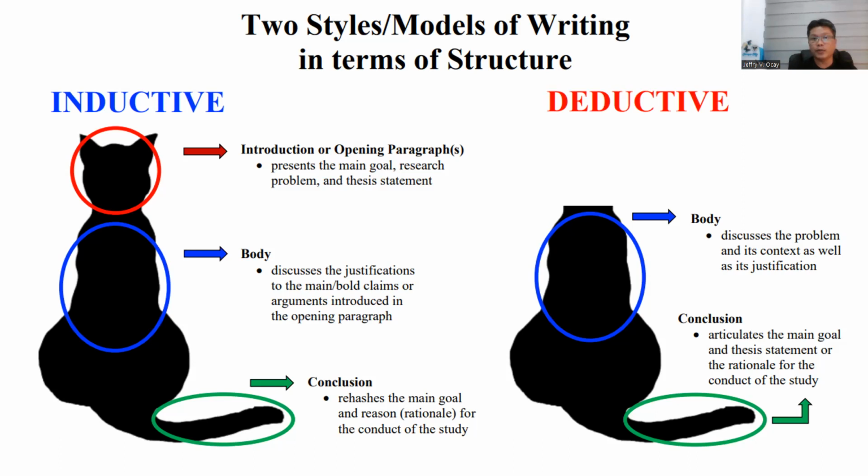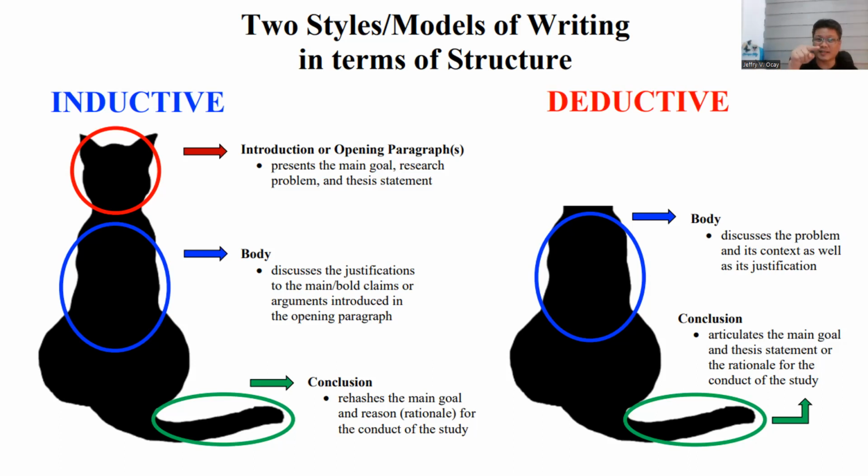If you are familiar with these two styles or modes of writing in terms of structure, the first advantage of knowing this, or structuring your writing, not just the background of the study, but any other section of your thesis, literature review, methodology, and things like that, you always have this structure. The first advantage is you will be able to present your thoughts in a coherent and logical manner.